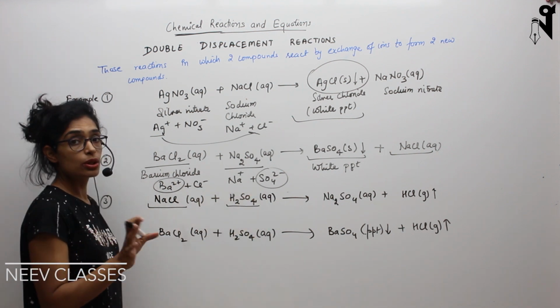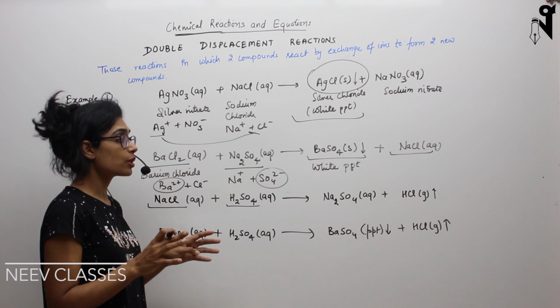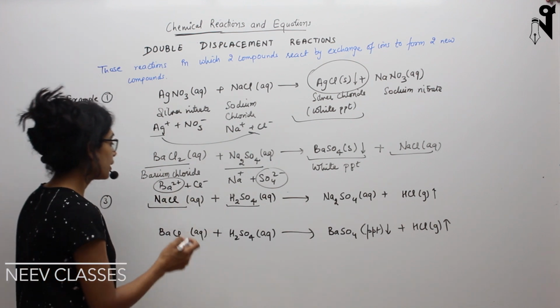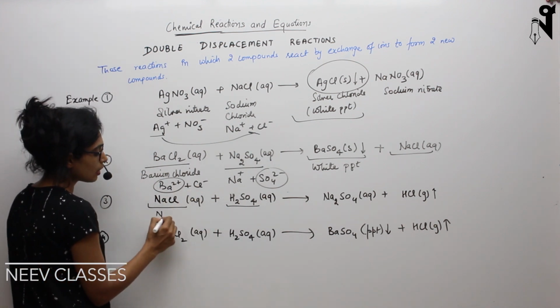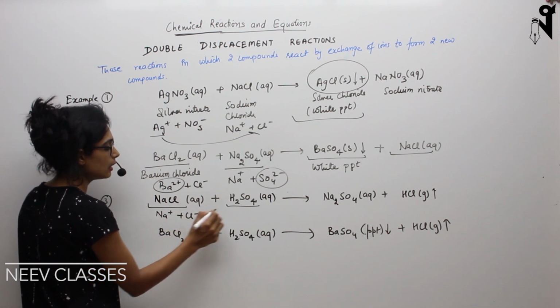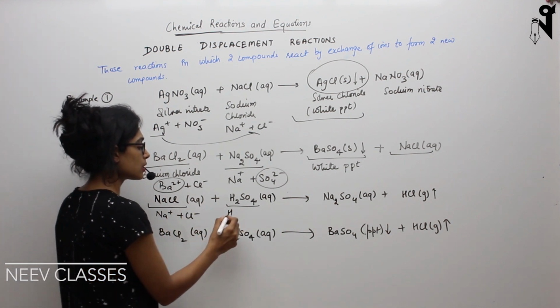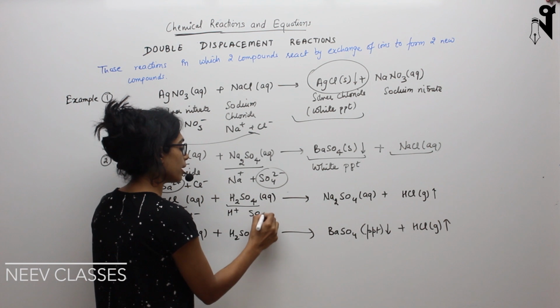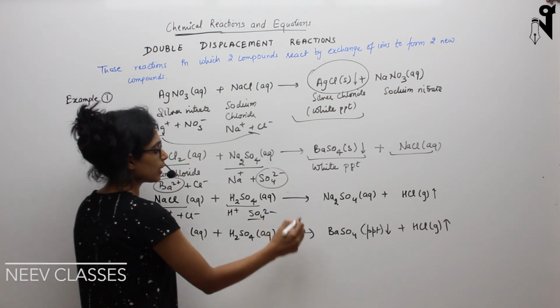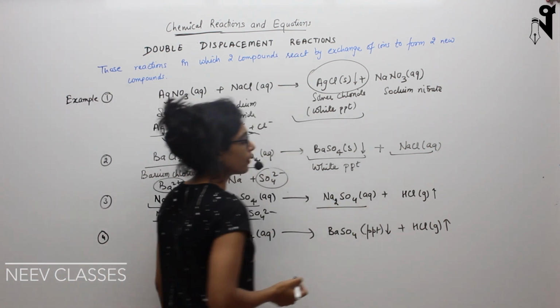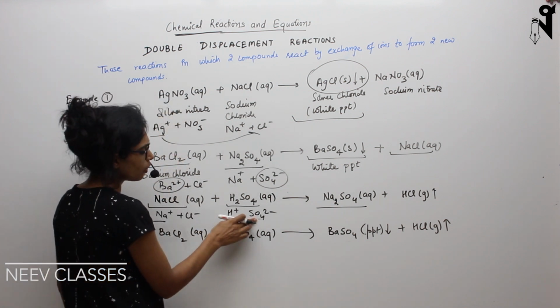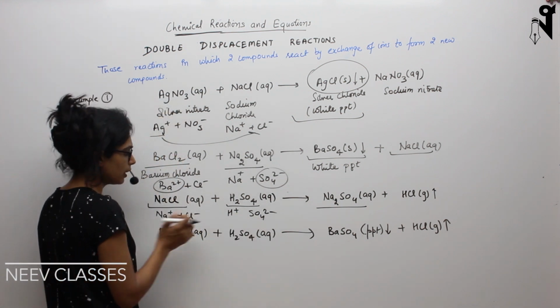This is also the lab preparation of HCl gas. Okay, so when we react them together, NaCl breaks down as Na plus and Cl minus. Similarly, it breaks down as H plus and SO4 2 minus. Na goes along with SO4 2 minus to form sodium sulfate. Okay, I think I have taken it in a wrong manner. I should not have explained it this way.